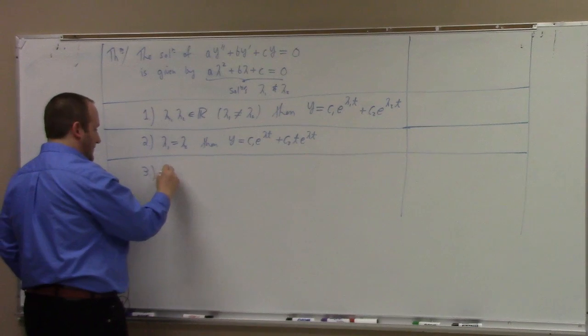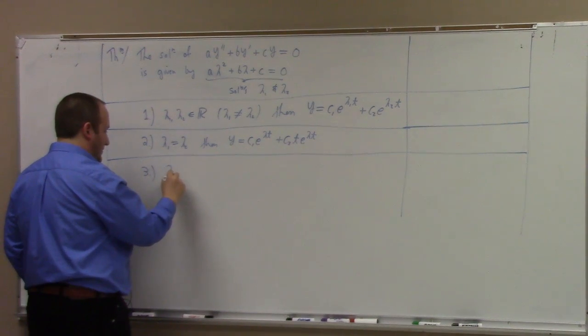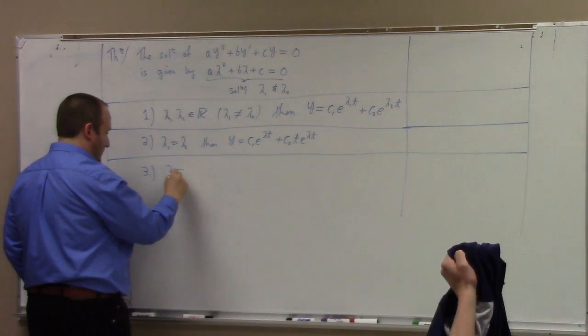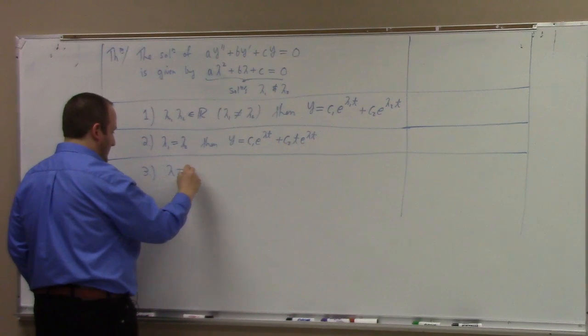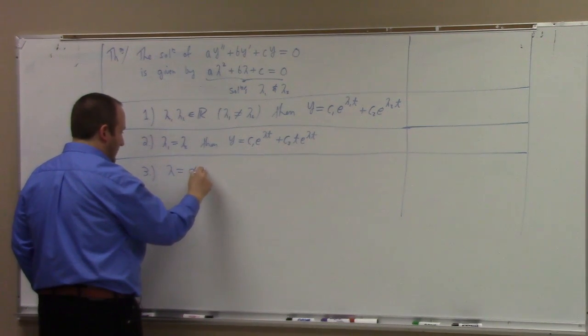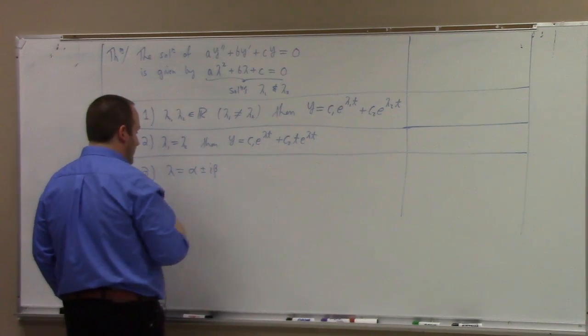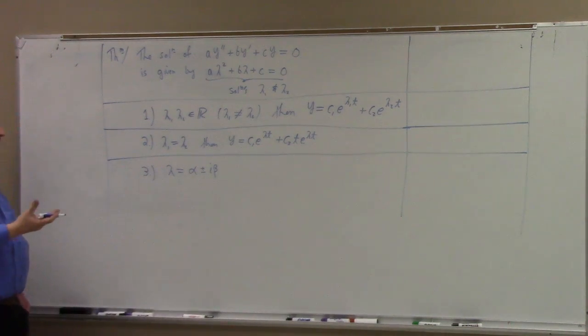And then the other case that's more exciting is when lambda 1 and 2 break into a complex case. So there we write alpha plus or minus i beta. A, B, and C are real numbers, so the solutions to this quadratic equation have to come in a conjugate pair.